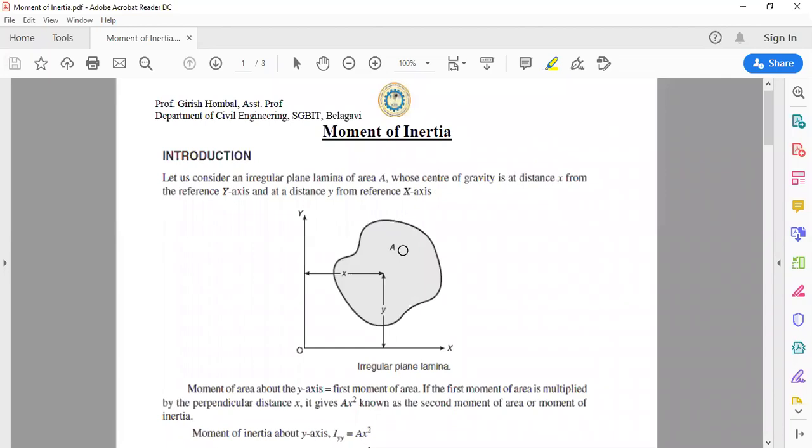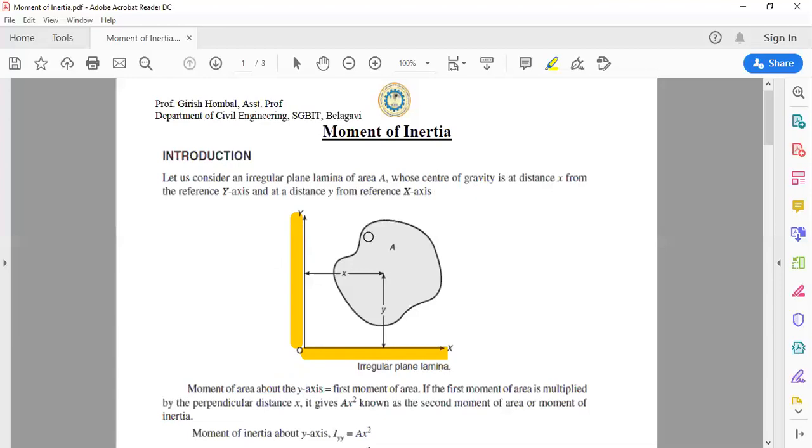Now we shall apply the same for this irregular plane lamina and calculate the moment of inertia. Now we have this moment of inertia about x-axis, about y-axis, and also about z-axis. But in the present case we will solve only with respect to two axes, that is x and y.